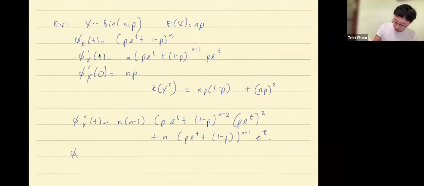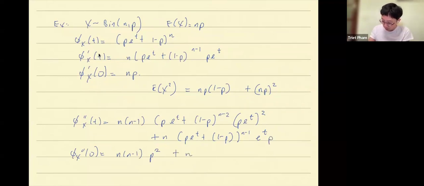So if you plug in at 0, what do you get? You get n minus 1, you get p squared, you get n. Oh, sorry, this is p here. You get n times p. So you get np here, that's this np.